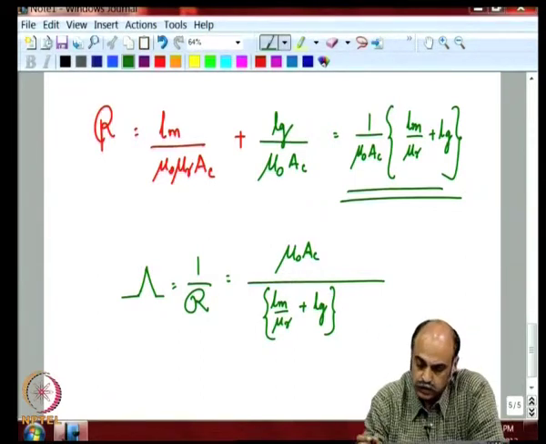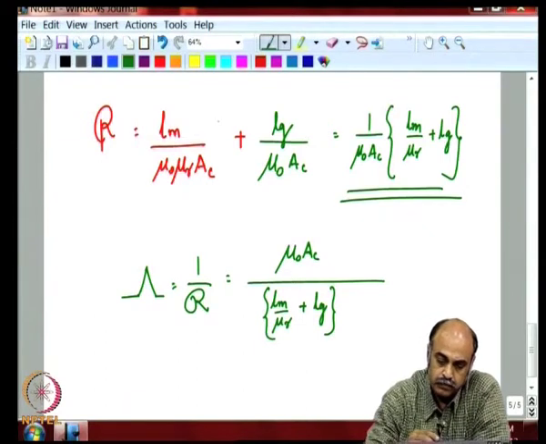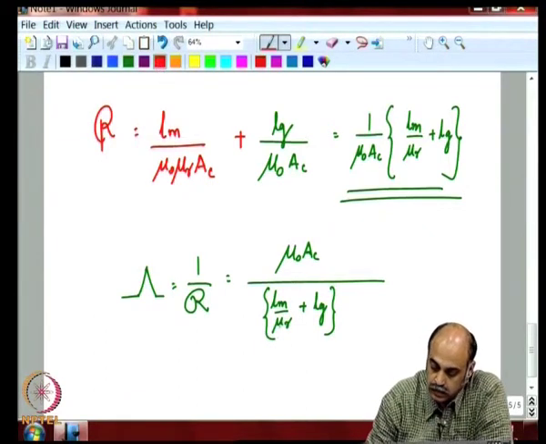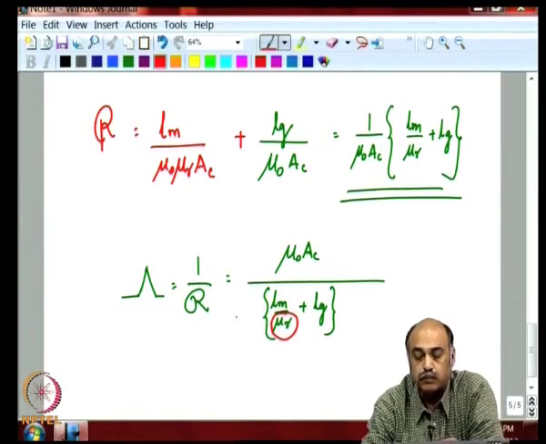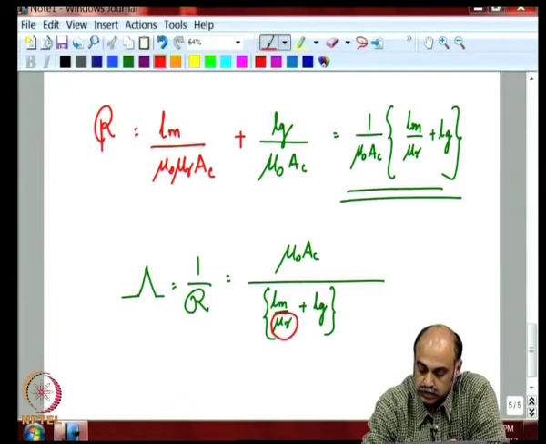So, understand that here, if mu r is very large, it is around 3000 for most of the ferrite materials.